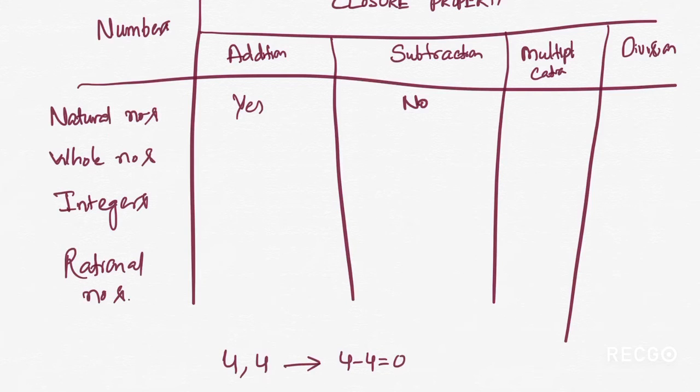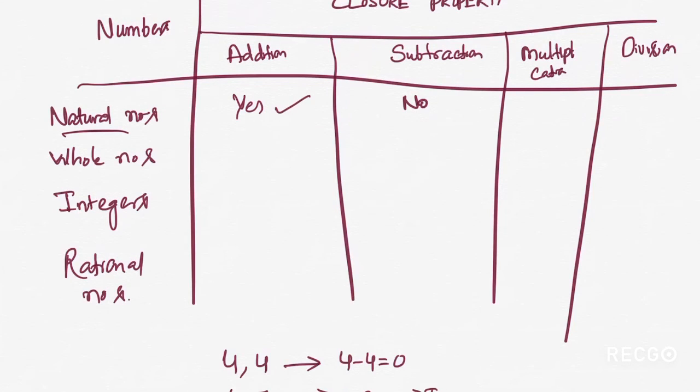Please observe here. If we say that an operation is applicable to natural numbers under closure property, then it should be applicable for each and every number of all the natural numbers. Otherwise, even if there is one case that fails, it is not satisfied. 4 minus 4 is 0. 4 minus 7 is minus 3.